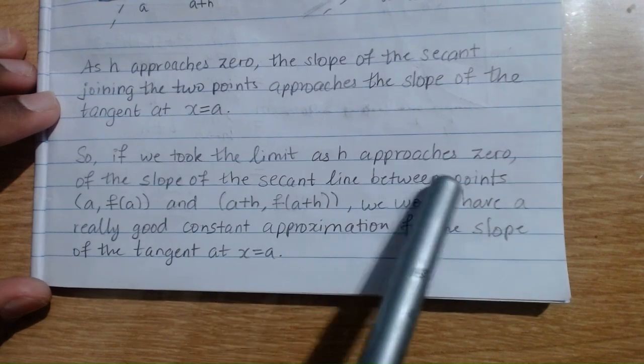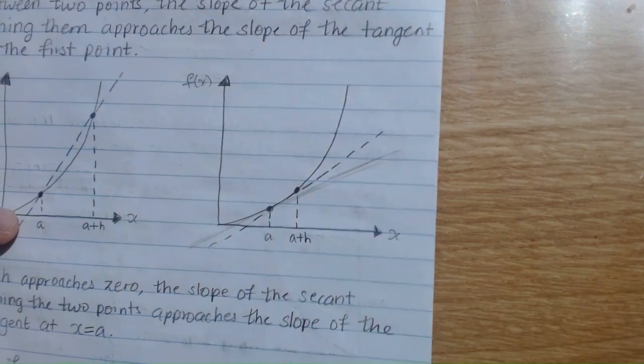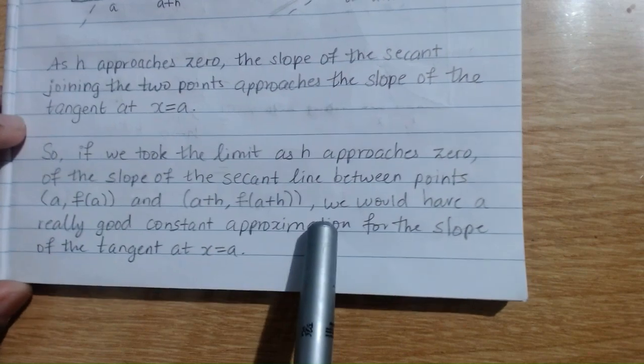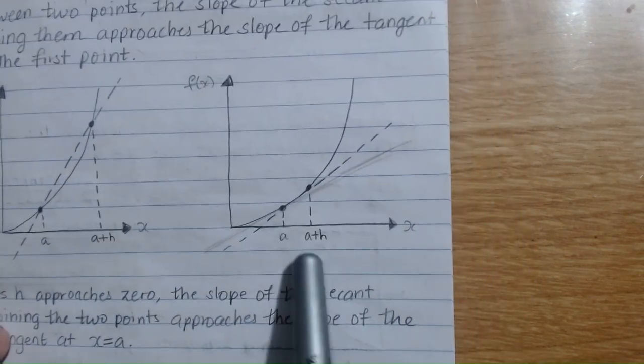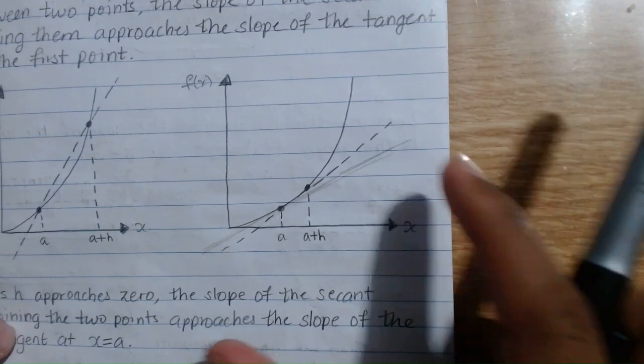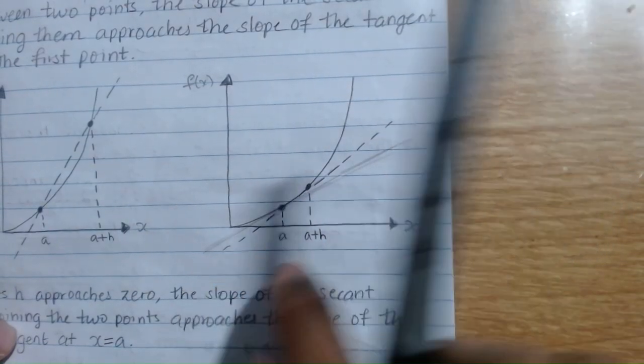So if we took the limit as h approaches 0 of the slope of the secant line, that's the dashed line between those 2 points, if we kept on reducing h, we ask ourselves, what happens as h approaches 0? Will that slope approximate the slope of the tangent line at a?